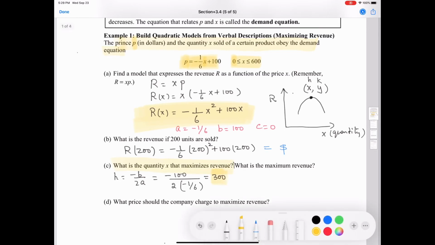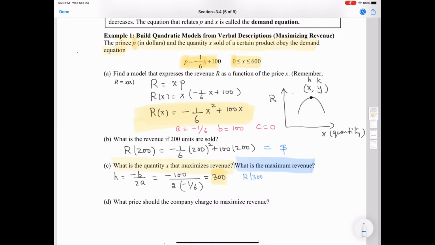Now in order to answer the second part of the question, what is the maximum revenue? I'm taking this 300 and finding what R of 300 is. So it's negative 1 over 6 times 300 squared plus 100 times 300.